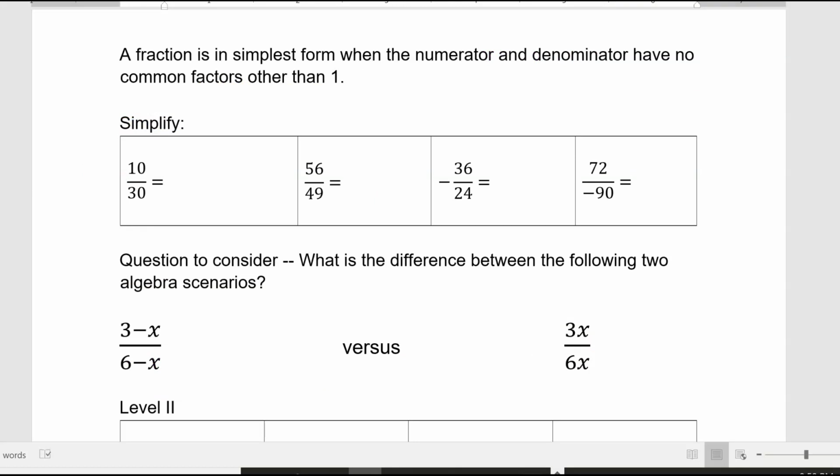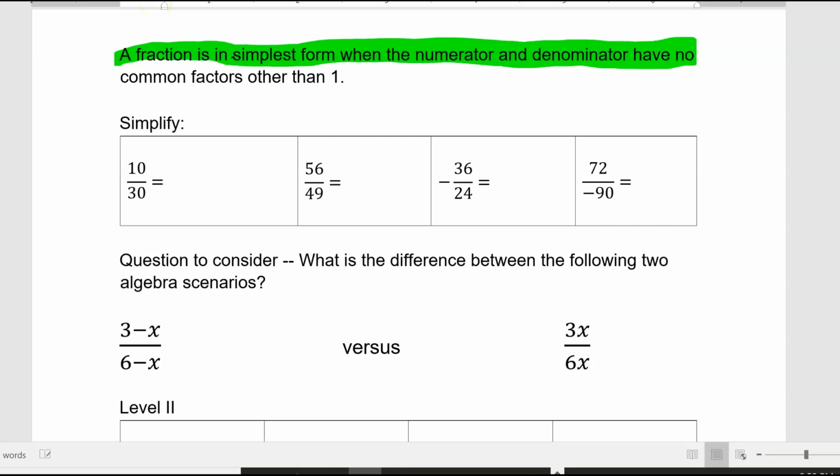A fraction is in simplest form when the numerator and denominator have no common factors other than 1. So you're familiar with simplifying something as simple as 10/30 because 10 is the common factor. So again, you can cancel common factors out, but you can't cancel common terms.